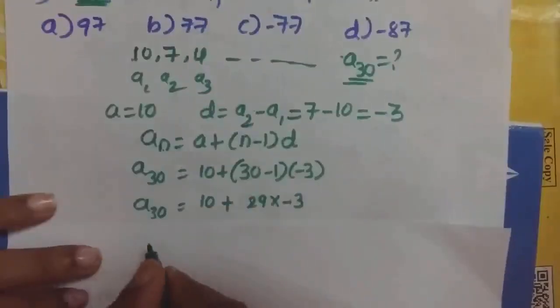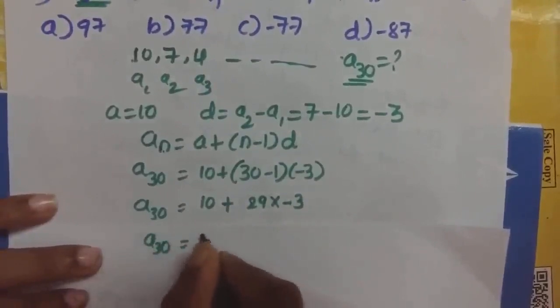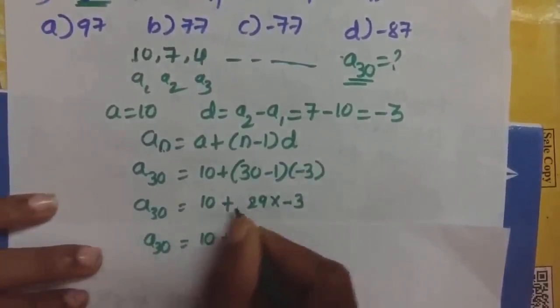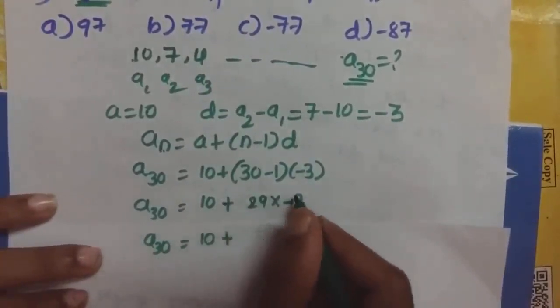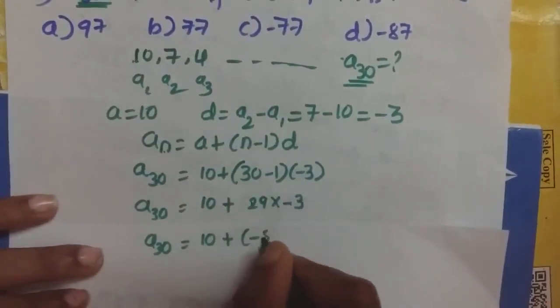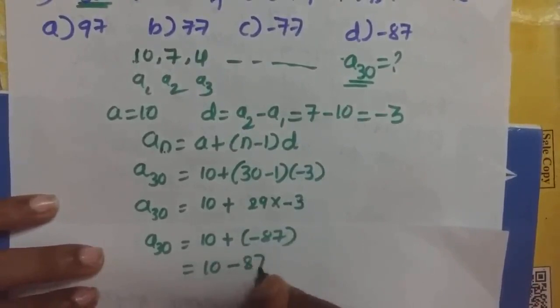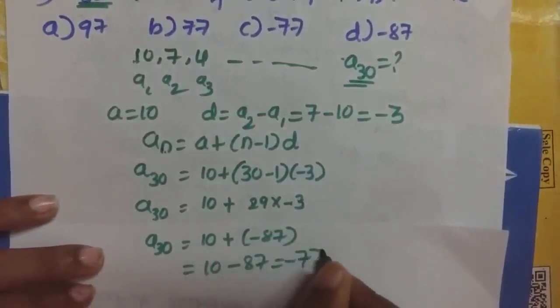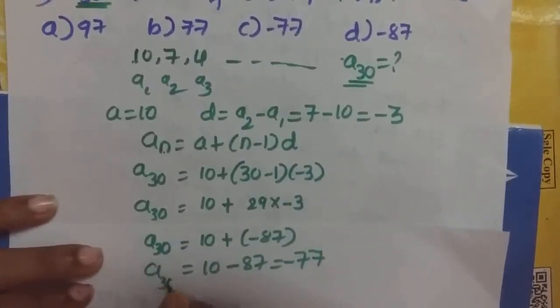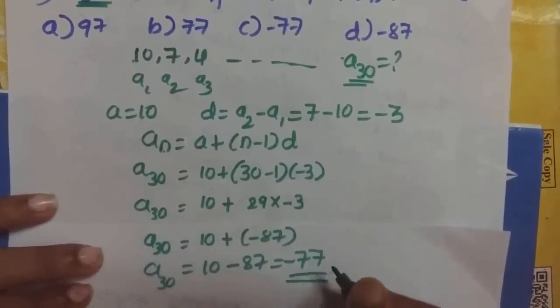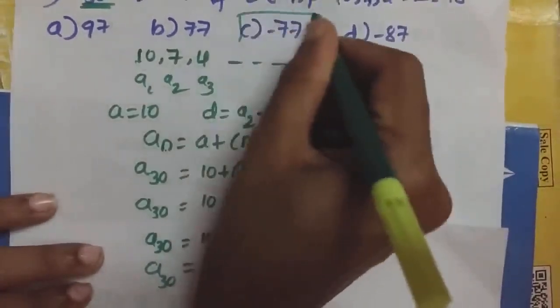So a30 equals 10 plus 29 times minus 3, which is minus 87. So it equals 10 minus 87, which equals minus 77. The 30th term is minus 77. That is option C.